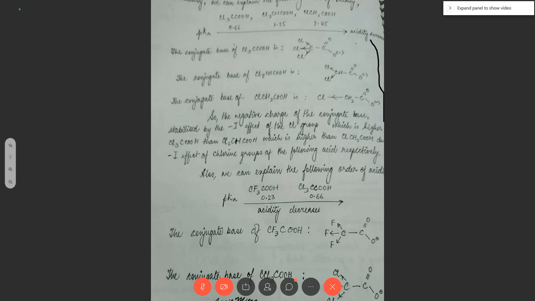So HCOOH formic acid, acetic acid, phenol, trifluoroacetic acid, or trichloro, dichloro, monochloroacetic acid. This kind of acidity comparison can be asked in the assignment. That is why I'm discussing this type of question, okay?